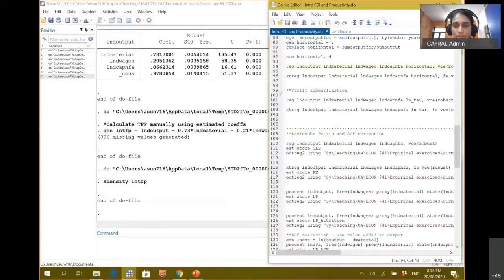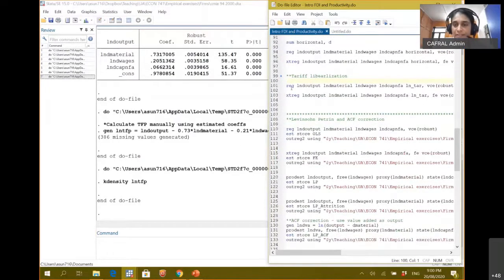What I'm going to do is look at the impact of trade liberalization on productivity of Indian firms. How do I do that? An easy way to do this, and remember, I'm still in this OLS setup, so I'm not really doing a great job yet of calculating productivity, but to get a quick sense, I'm going to run the following regression.